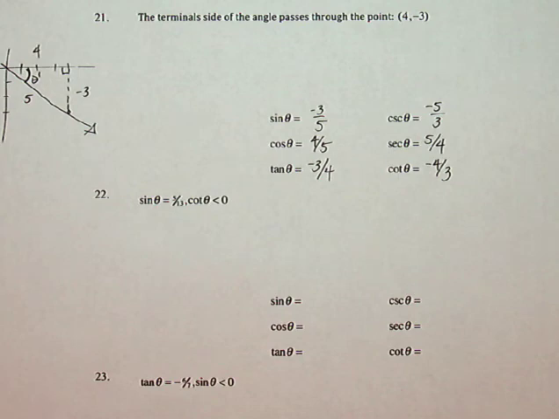When you're dealing with reference angles, the opposite side is always the vertical displacement, so we're talking about y, and that makes sense because sine theta is associated with y anyway. So in what quadrants is y positive?